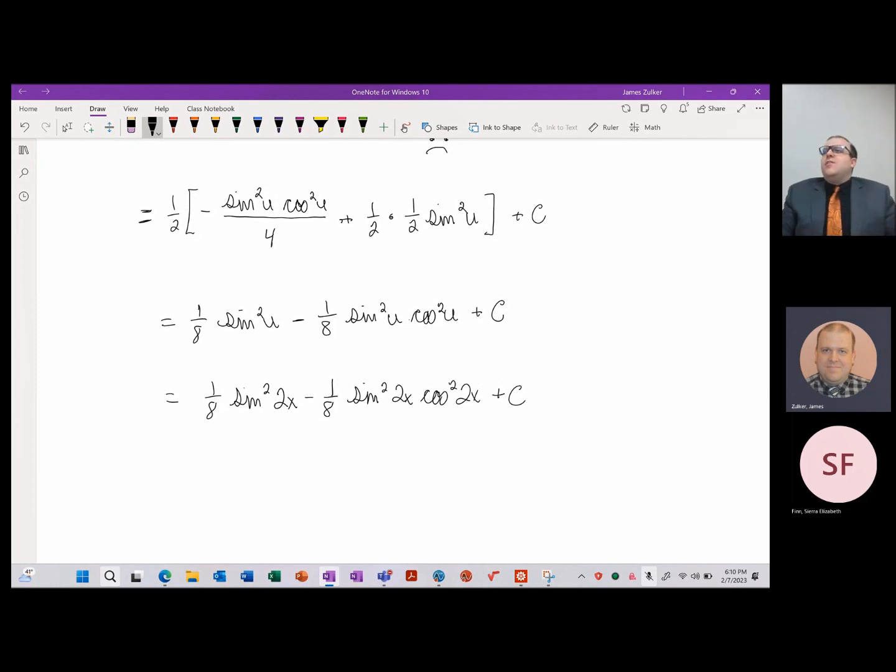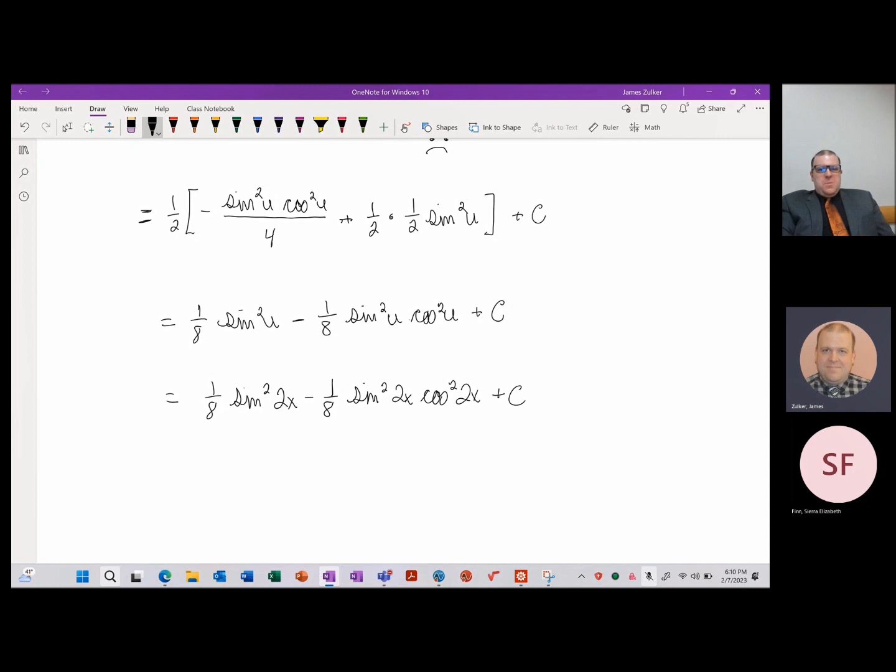Oh, that doesn't look anything like 1/8 sine to the 4th of 2x. How could we make it 1/8 sine to the 4th of 2x?